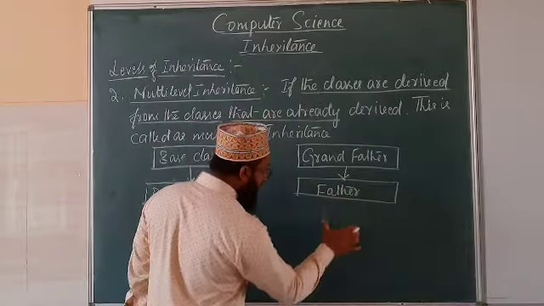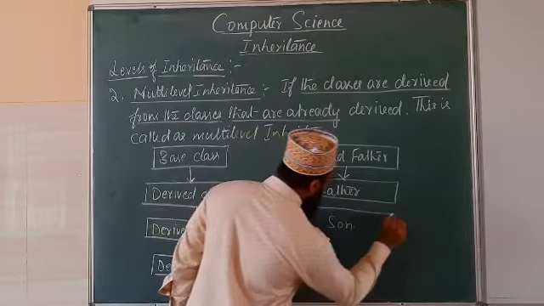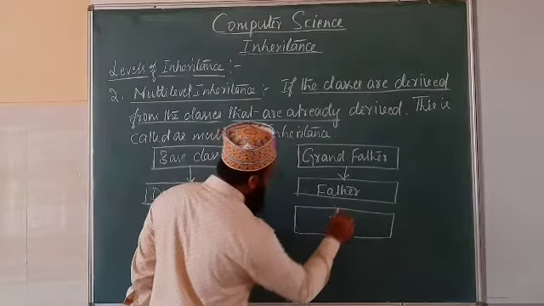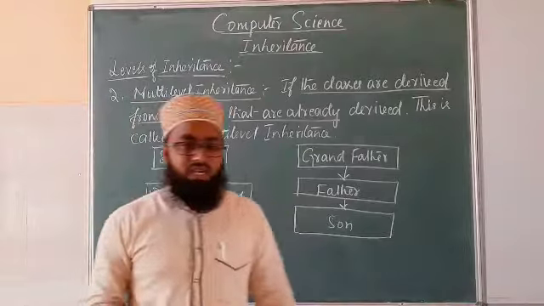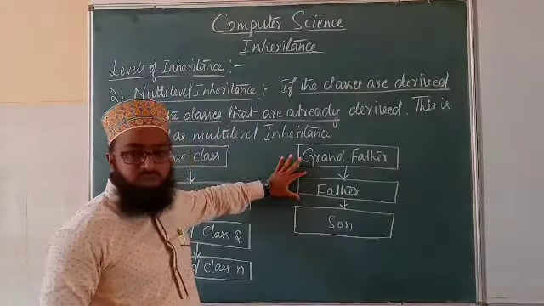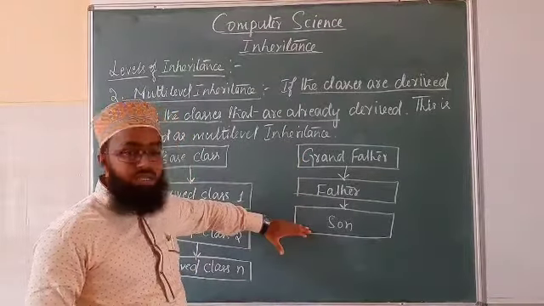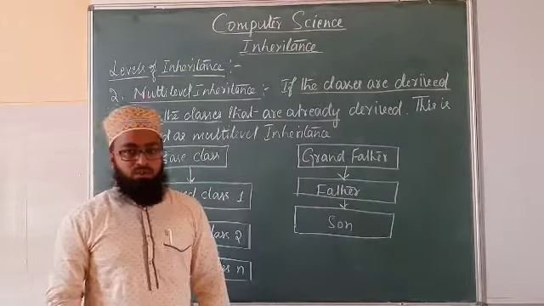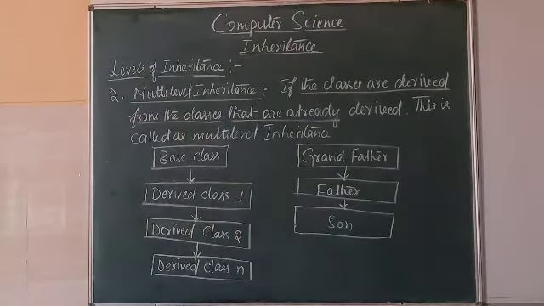Then from this derived class, one more derived class is inherited, that is son. So this is the base class; from it one derived class is inherited, that is father; from this derived class, again one more derived class is inherited, that is son. This type of inheritance we call multi-level inheritance.